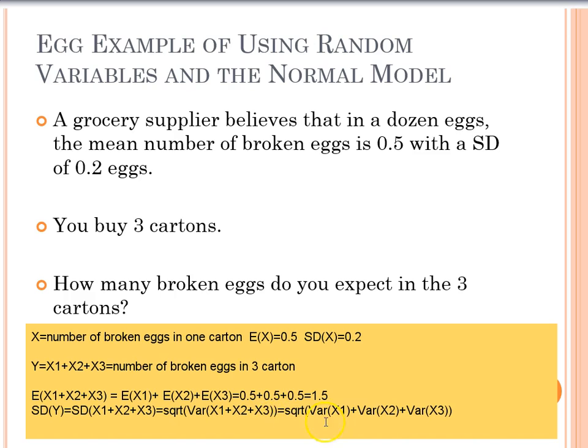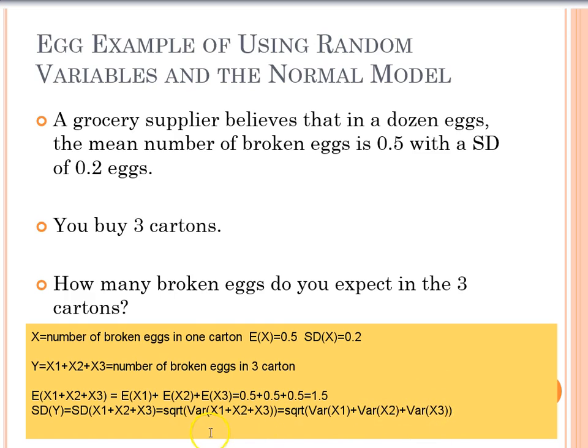And then the next thing I do is I separate out those 3 individual variables, x1, x2, and x3. The reason why I can make this next step is because I am assuming the cartons are independent. So the number of broken eggs in 1 carton doesn't affect the number of broken eggs in carton 2 or carton 3.